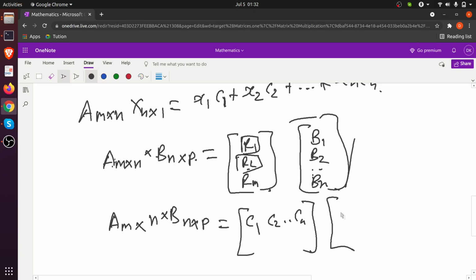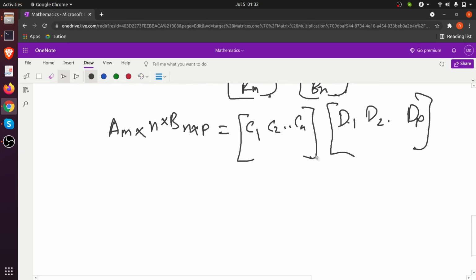Let me denote the column vectors of B by D1, D2 up to DP. We know how to multiply the column vector D1 to this entire matrix to get column 1 of the resultant matrix. Similarly, we can get every column of the resultant matrix.